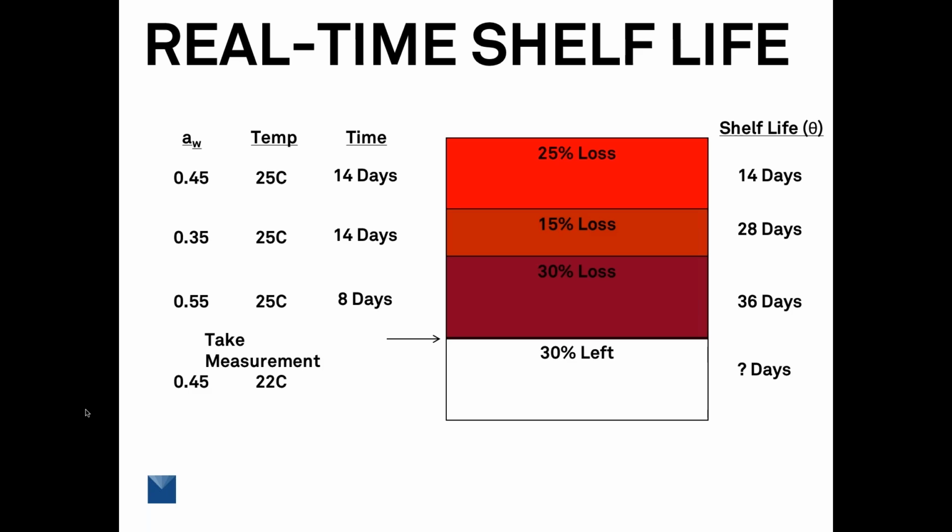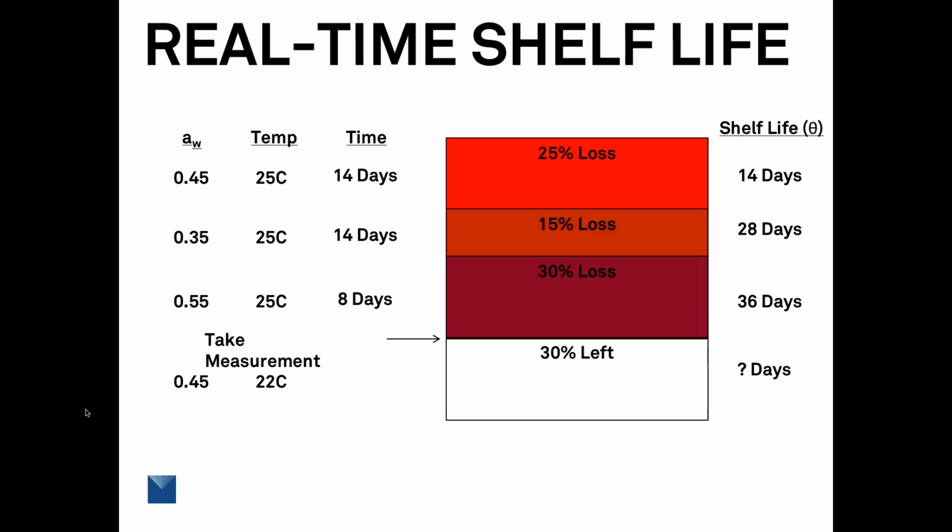What's actually more interesting, though, is that you can take a product off of the shelf at any point in time, take a measurement on it, such as a T-bar like we talked about, and based on that value and where the endpoint is, figure out exactly how much shelf life you have left given certain storage conditions and using the hygrothermal time model.